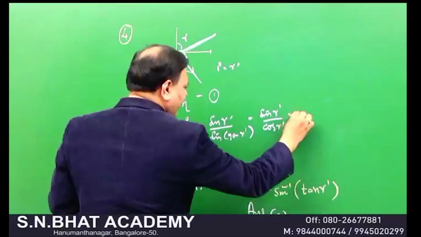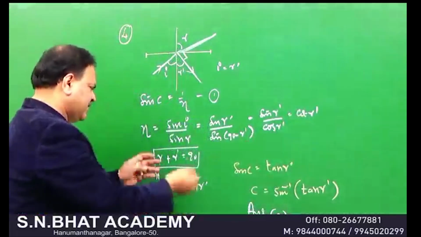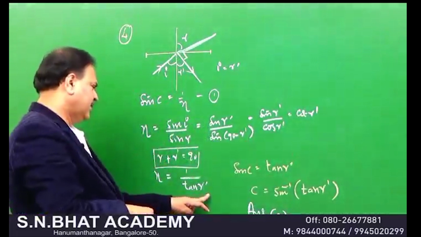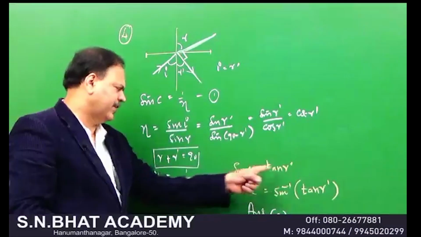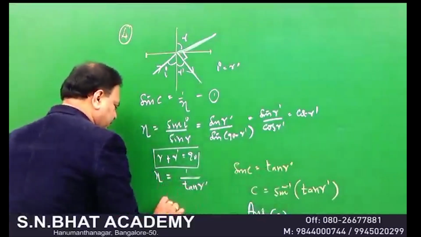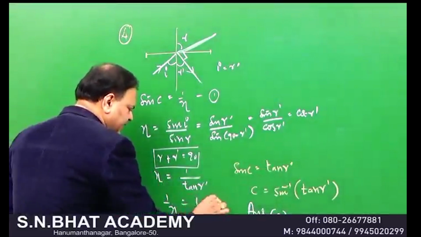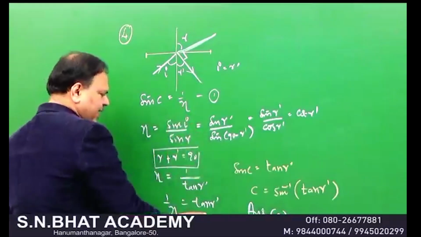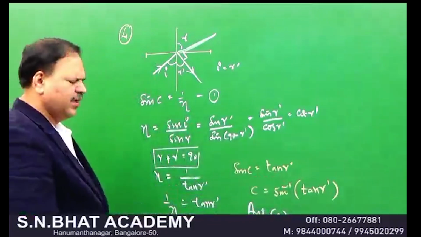This you can write as cotangent R dash, which means 1 by tan of R dash. So you want 1 by n. Take the reciprocal, substitute it there. Then 1 by n is equal to tan of R dash. In the place of 1 by n, you substitute this and you get the value of C. It's a very important question.